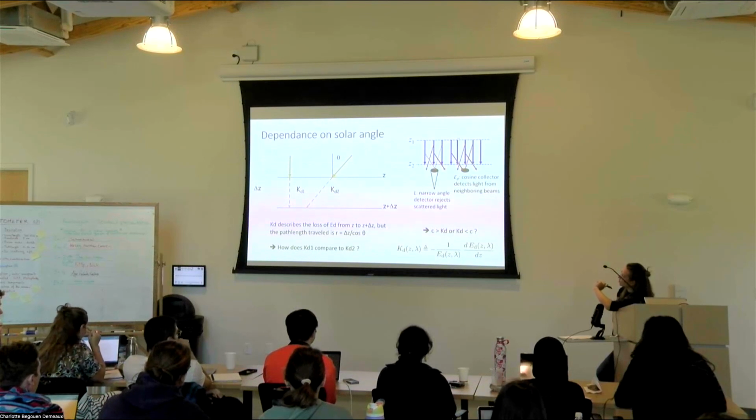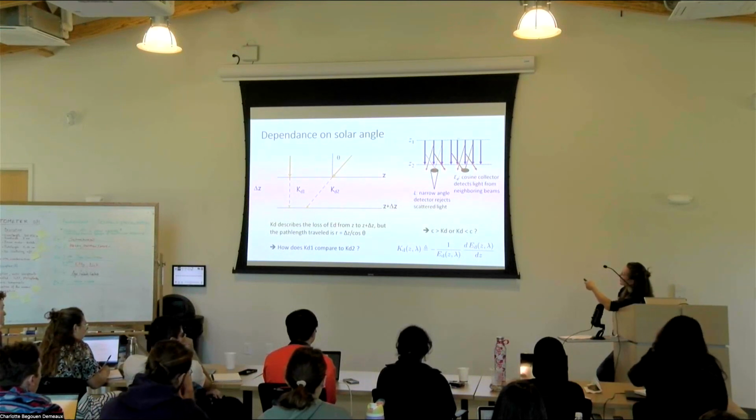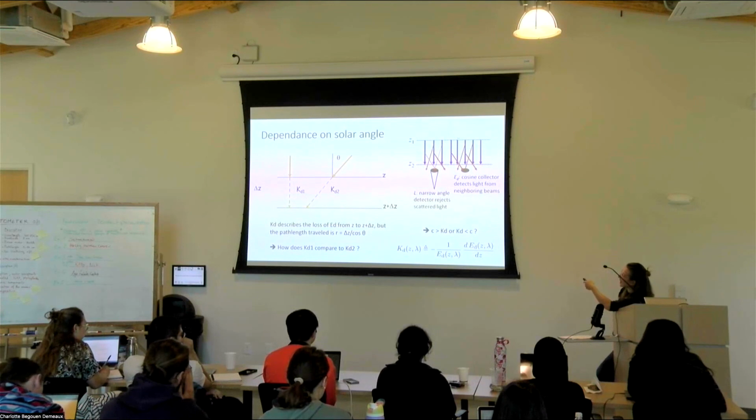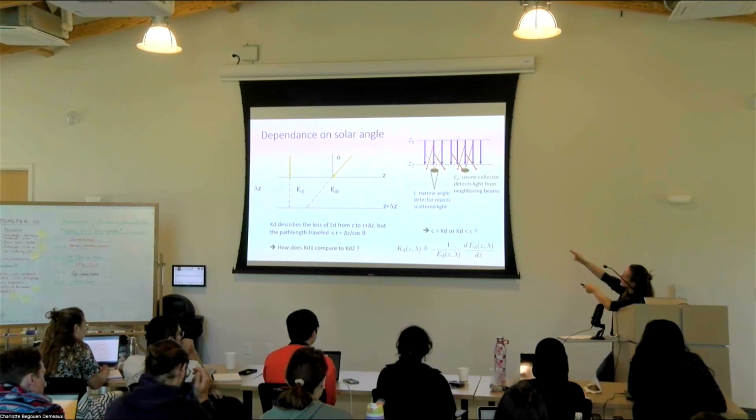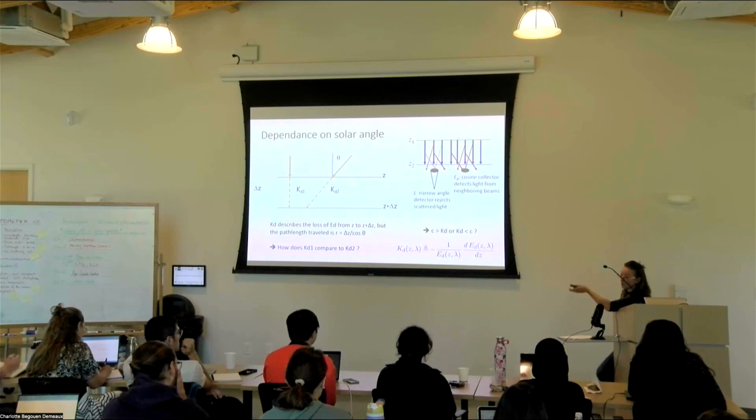So no, you won't, because even if you're not getting any scattering from the neighboring beam, you'll just collect at one specific angle. So you'll have c eventually equal to KD. You'll go closer to c, but you'll never be more.